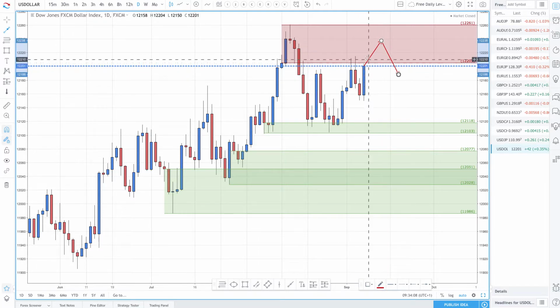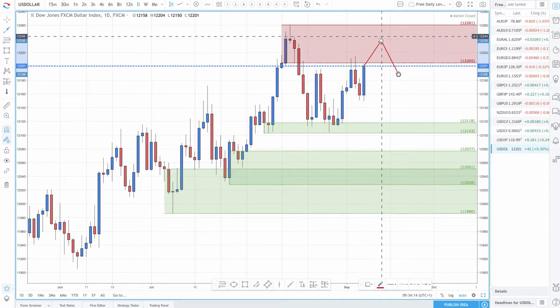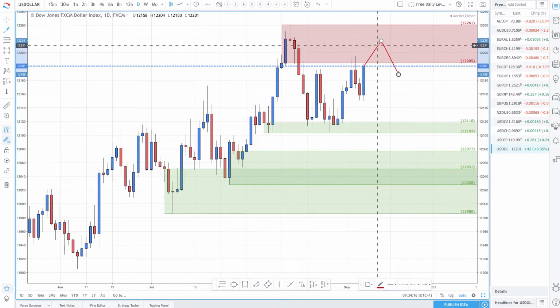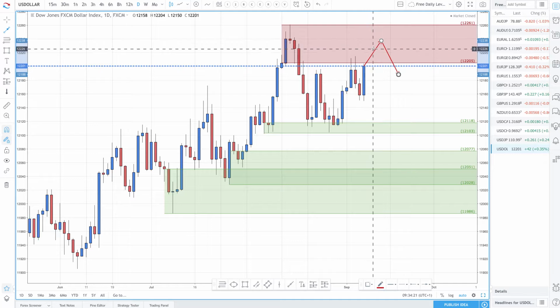And if you want to be a buyer of the dollar, what you don't want to do is be a buyer into potential highs. So you'd wait for price to pull back into a potential demand zone, and what you want to see is price maybe make a new high. As we know, higher highs and higher lows, or I should say higher lows, are the strongest areas of demand.